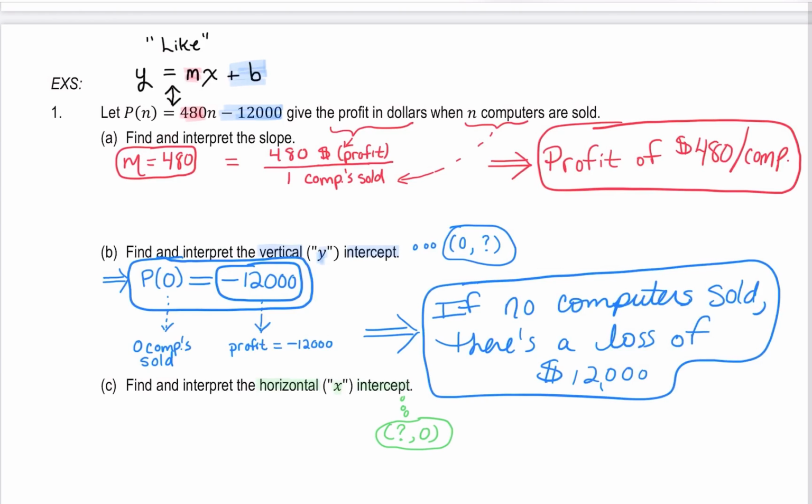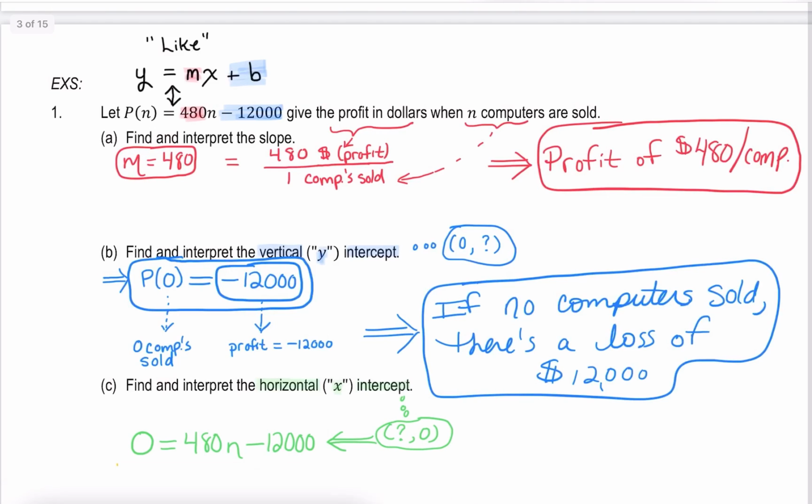This one, I can't just read off the equation. There's no number up there that immediately is the x-intercept like we have for the y. So here I have to do a little solving. I need to sub in 0 for the whole output, and then solve for the input. So I have 480n minus 12,000.